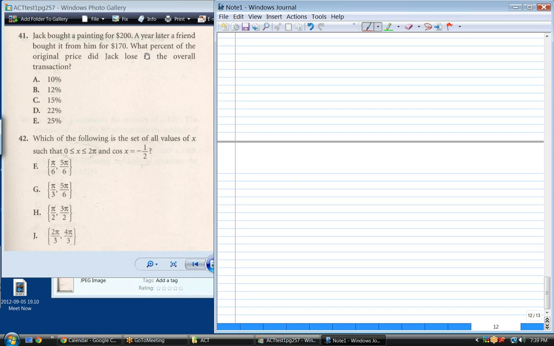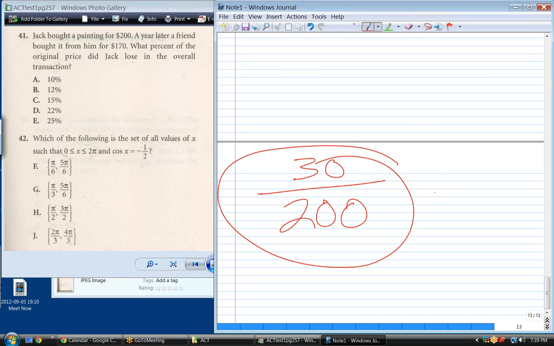No. They want to know what percentage of the original price did Jack lose. So how many dollars did he lose? 30. So it's 30 divided by what? Well, 200. Right, because what percent of the original price, not the sales price, but the original price. So you're right, it's 30 over 200. What percent is that? 15%, which would be C. Okay, good.